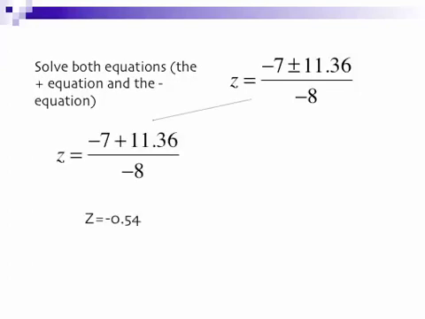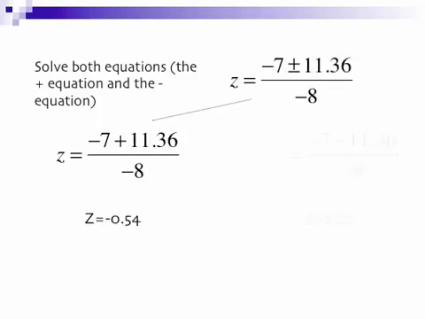So first, I'll do the plus version of that equation. Negative 7 plus 11.36 divided by negative 8. When I add the numerators and then divide by that denominator, I see that what I get is z equals negative 0.54. That's one solution.